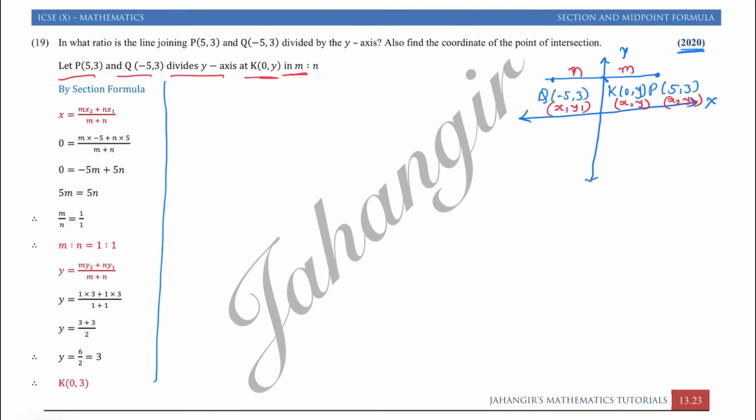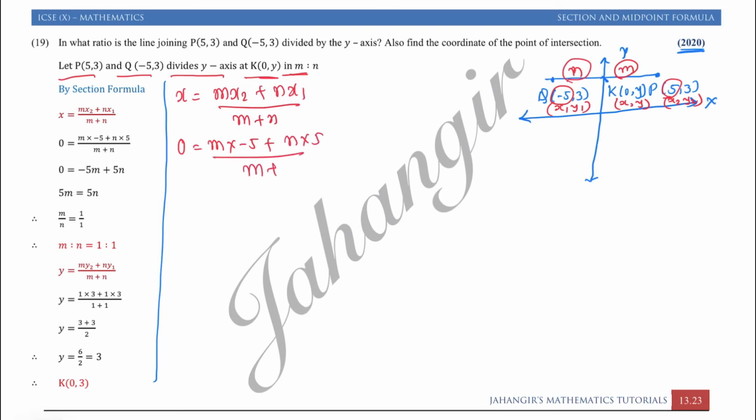Since we know all x coordinates, we will start with x is equal to mx2 plus nx1 upon m plus n. The x is 0, m into minus 5 plus n we can multiply it with 5, n into 5 upon m plus n.